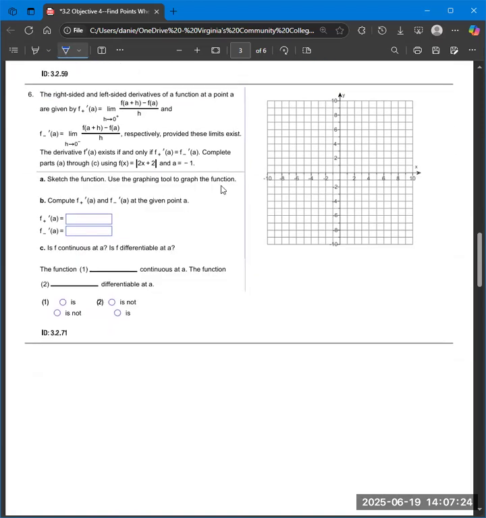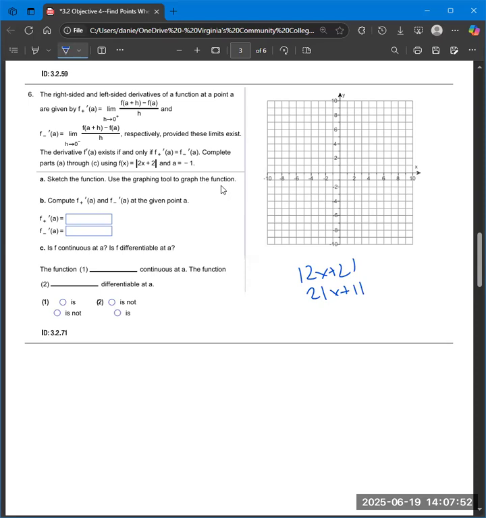We have a limit from the left and a limit from the right that we want to exist, but we don't want the limit to exist because the derivative won't be defined at x equals a, which is -1. So they give us the function here of absolute value of 2x plus 2, which is 2 times the absolute value of x plus 1.